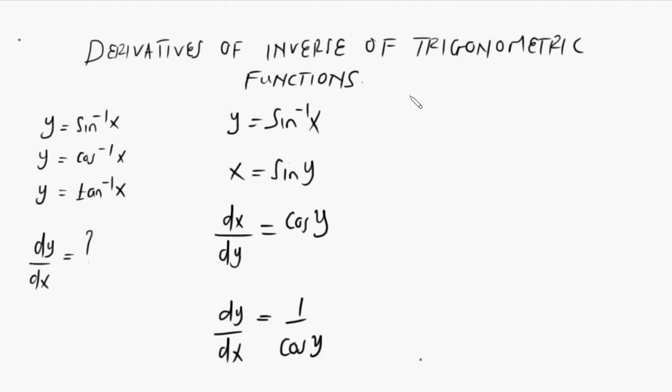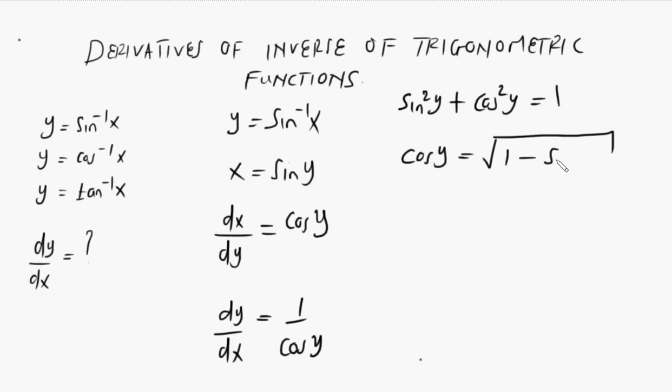But I know that sine squared of y plus cos squared of y is equal to 1. So if I make cos y the subject, it's equal to the square root of 1 minus sine squared of y. So my dy/dx is equal to 1 over the square root of 1 minus sine squared of y.